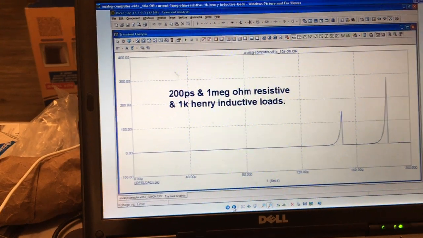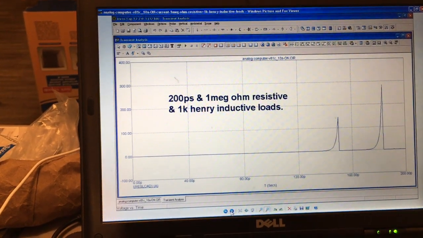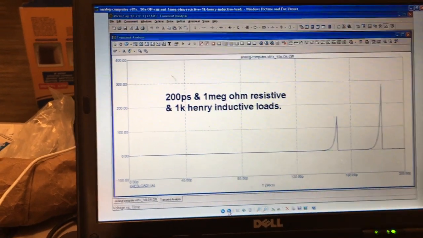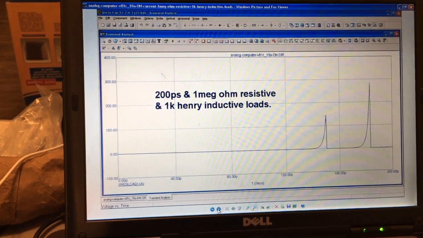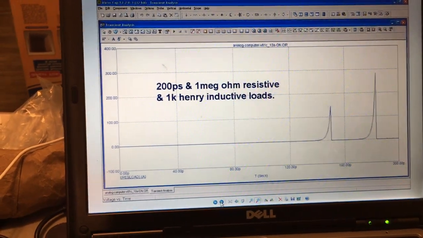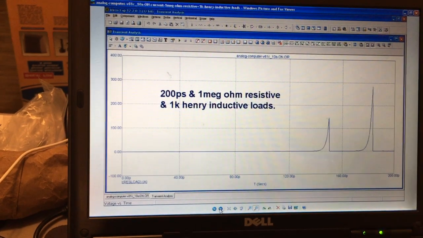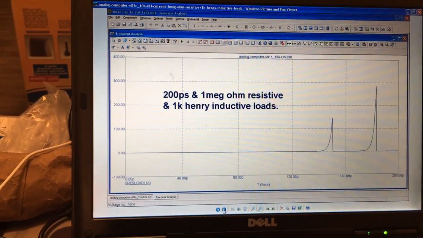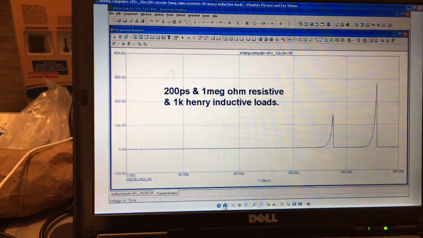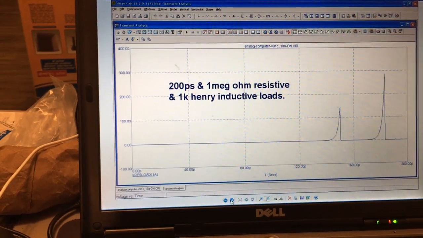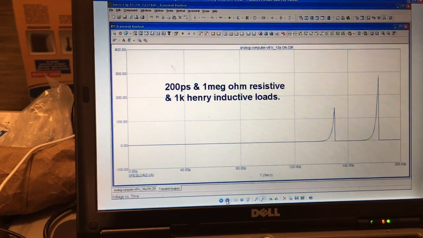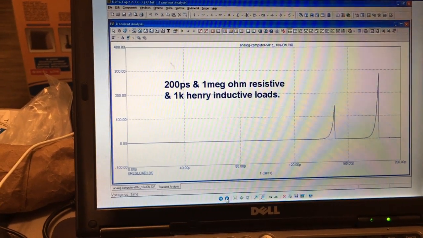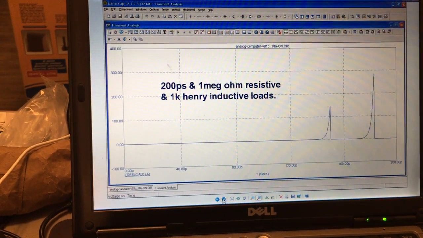We continue onward, and the next one is when we increase the inductive load to 1,000 henries, and now it goes back to being unidirectional again, even though we maintain the resistance at 1 mega ohm instead of the prior 1 kilo ohm. Now we've reduced the outcome because the inductive load and the resistive load are dissipating all that extra energy.